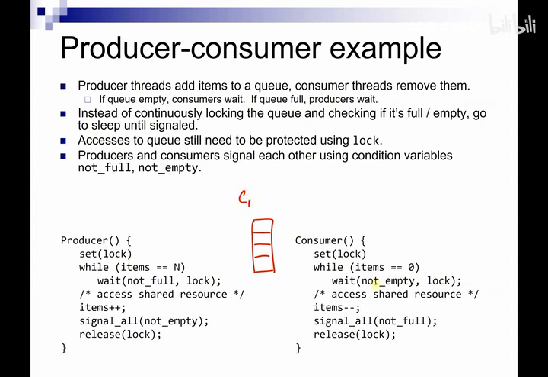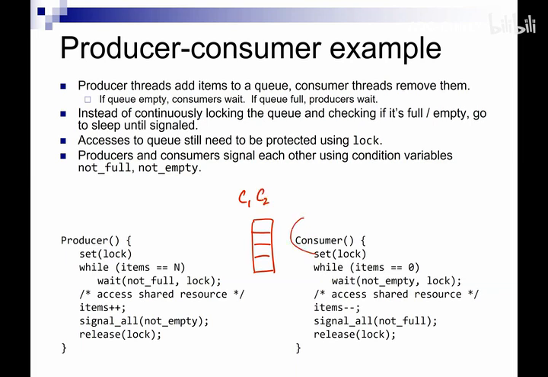He's waiting for this queue to become non-empty, but it's currently empty, so this consumer thread needs to wait. The way this consumer thread executed was that he first set the lock, and he checked whether the queue is empty. It is empty, so he gives up the lock. So now when consumer 1 is waiting, the lock is actually free. Because the lock is free, you could have another consumer come over here.